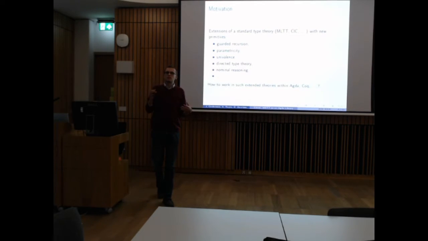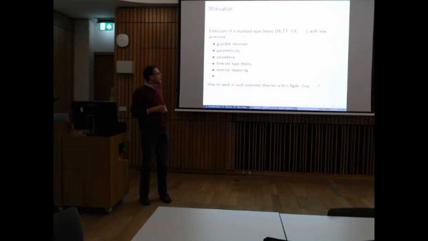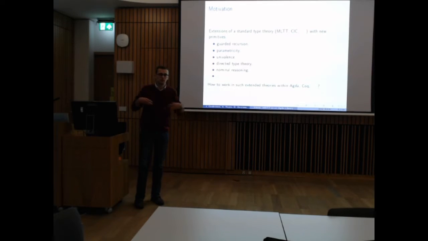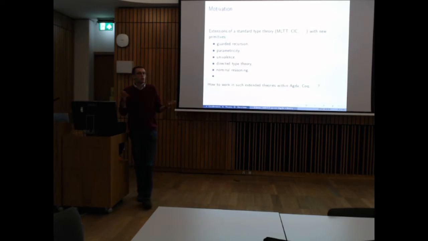So dependent type languages like Agda are based on a theoretical framework like multimode type theory. And over the past years, there has been a lot of research that extends these theoretical type theories with new primitives. And those new primitives allow you to write more programs or prove more properties, which is basically the same, of course.